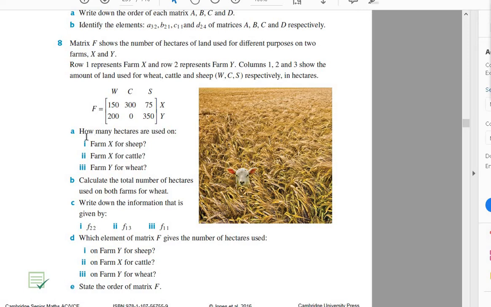Alright. Now let's do question number 8A. First part. Farm X, can you tell me how many hectares of land is used for farm X for sheep? Farm X for sheep is 75 hectares. Yes. Farm X for cattle.